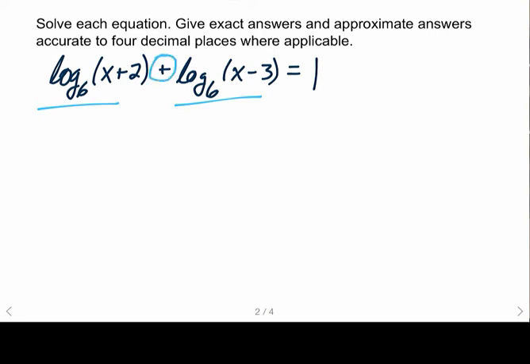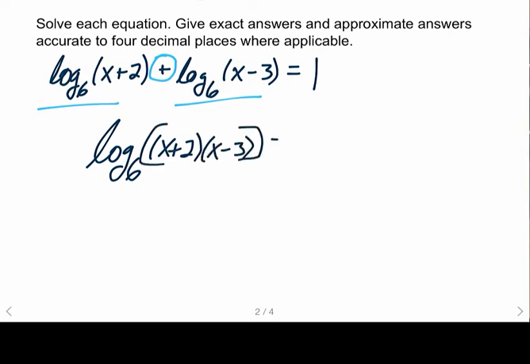There's a property of logarithms that says that becomes a product inside of a log. And so I'm going to write this down as the log base 6 of x plus 2 times x minus 3 is equal to 1, which the right-hand side is unaffected.